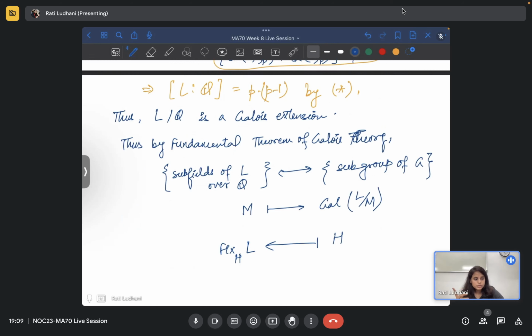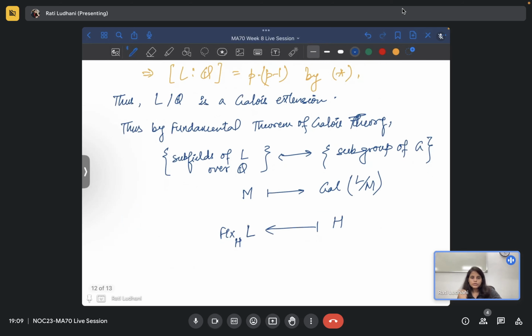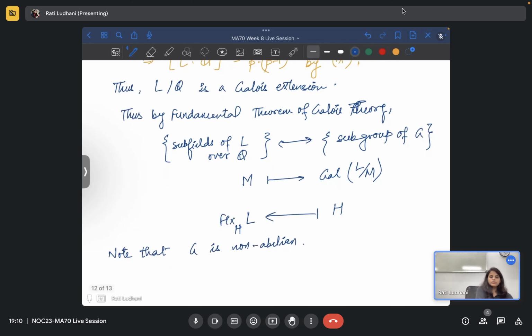Note that G is non-abelian. Firstly, we have this isomorphism of groups.